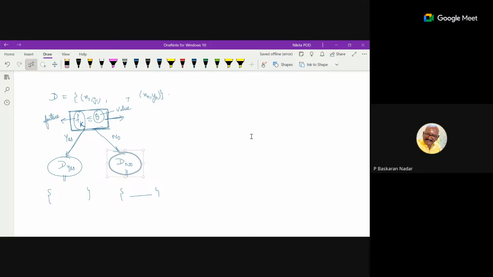Now, what is the purpose of asking this question? There was a data set before which comes to this and it divides into two groups, right? Now, by asking this question, how much information have we gained? If we gain more information, the question is good. Correct?